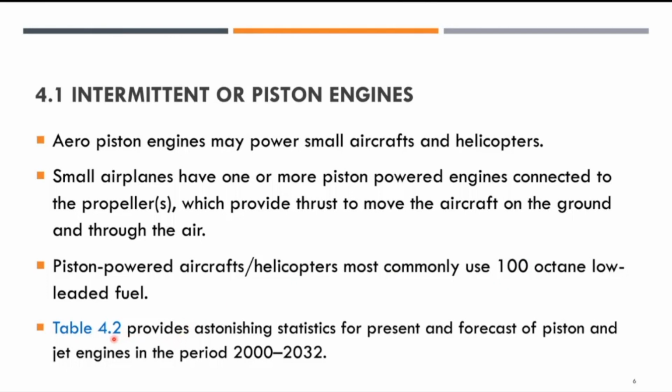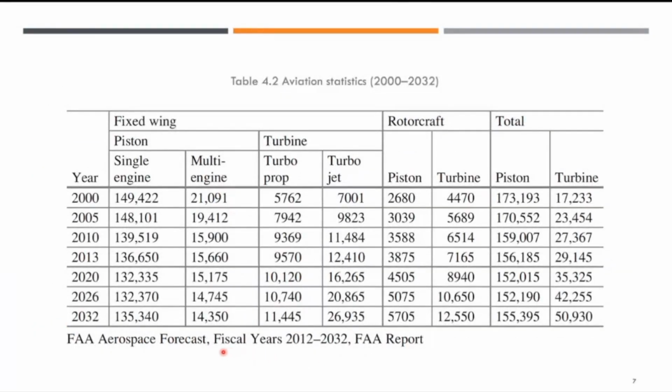The next table that I'm going to show you, table 4.2, provides statistics for the present and forecast of piston engines. We have data from year 2000 until the projection up to year 2032. This forecast I took from the book, the information coming from the FAA aerospace forecast, and they are looking at the data from year 2012 until 2032.